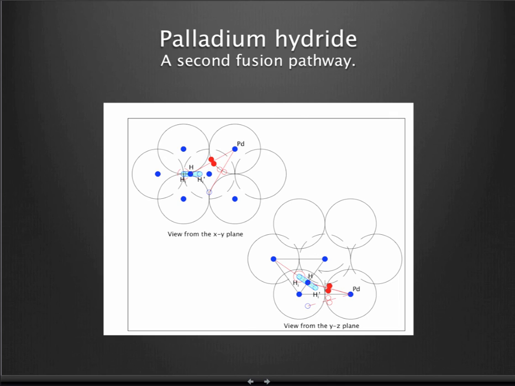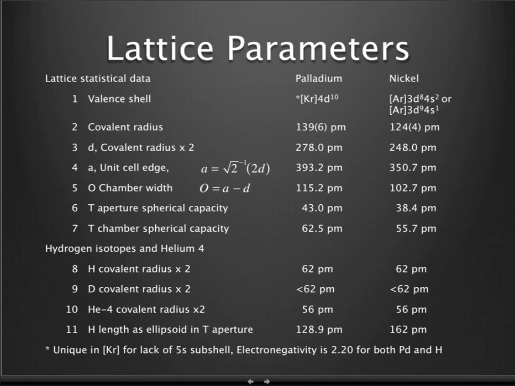This represents a second avenue for fusion, one we might imagine to be more energetic. In the process, the covalent bonds are broken, and if both hydrogens are deuterium, then helium-4 is produced. The following is a list of lattice and reactant data used in this development.